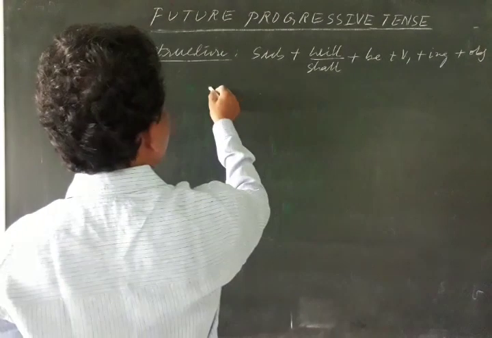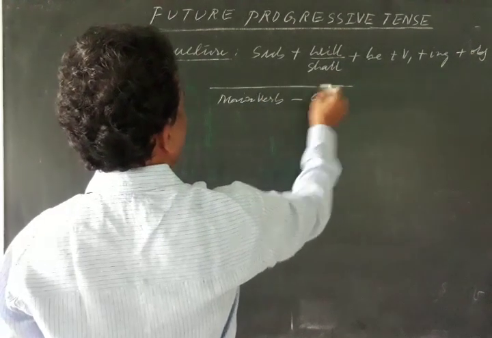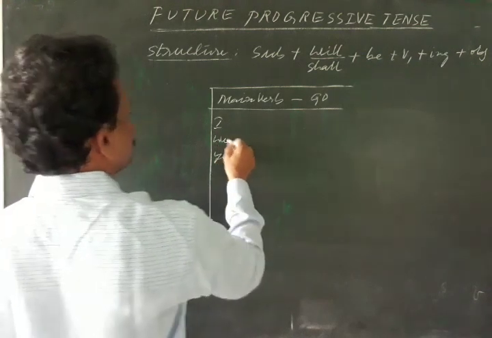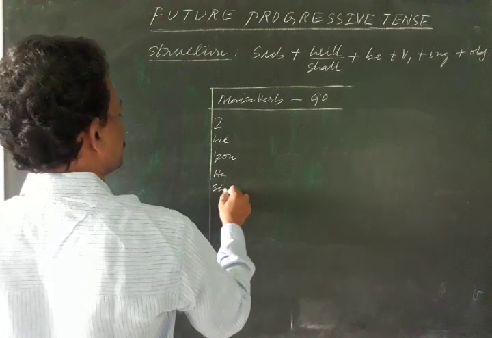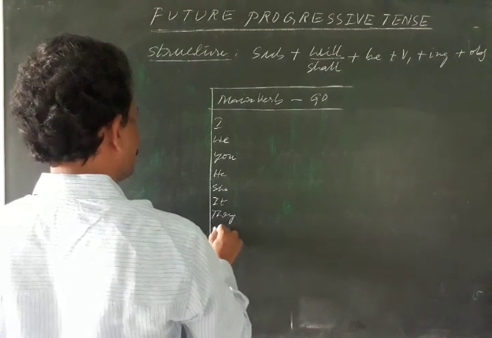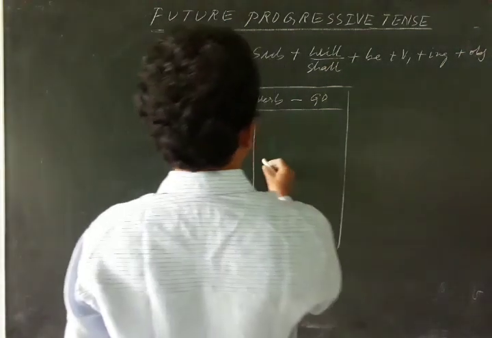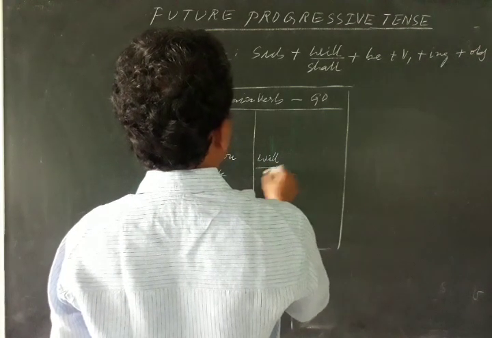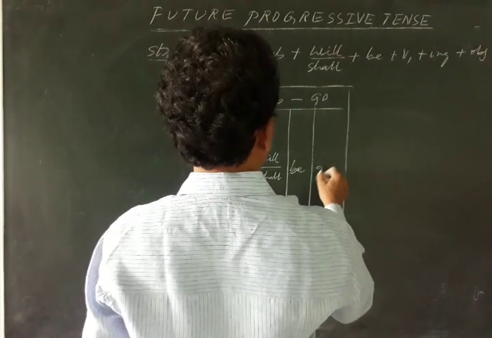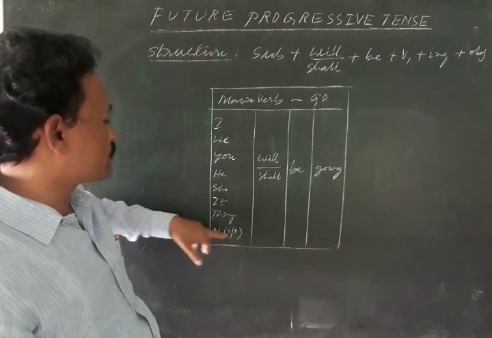Let us expand the structure as usual. Subject: I, we, you, he, she, it, they, noun singular or plural.